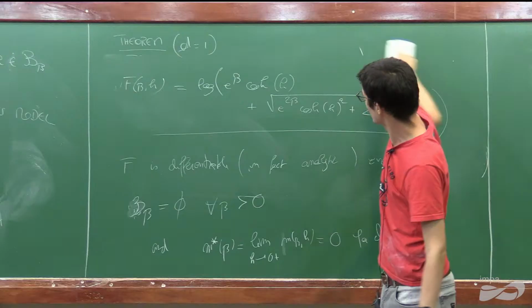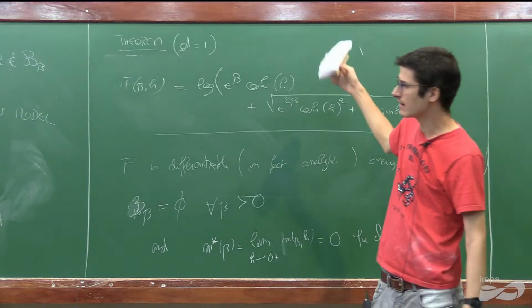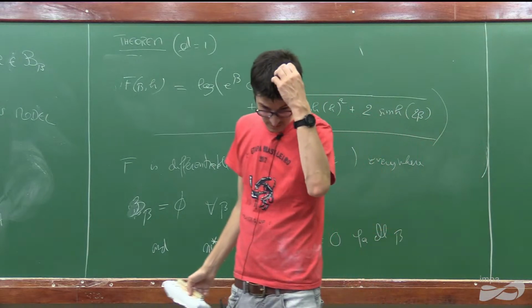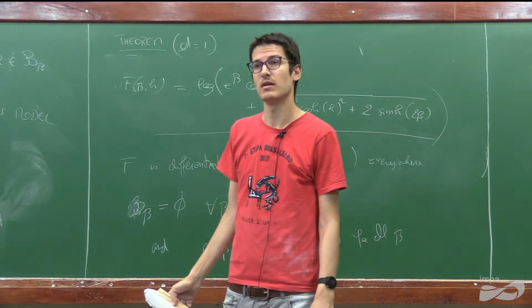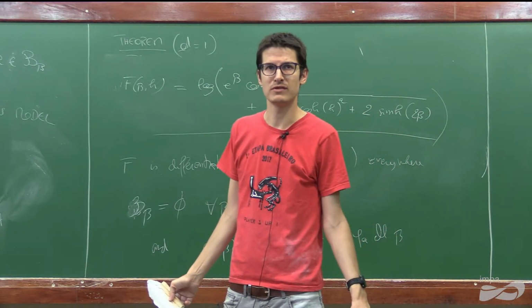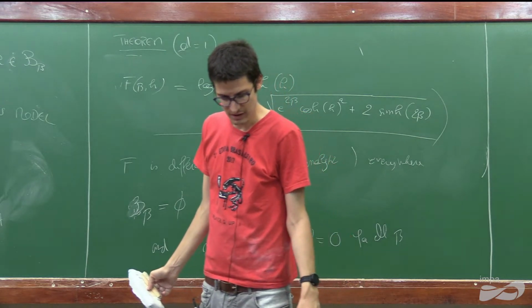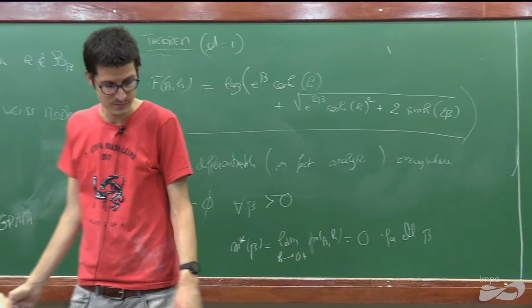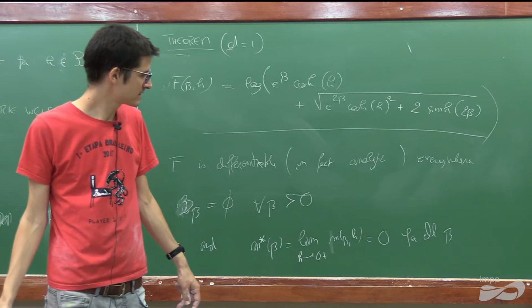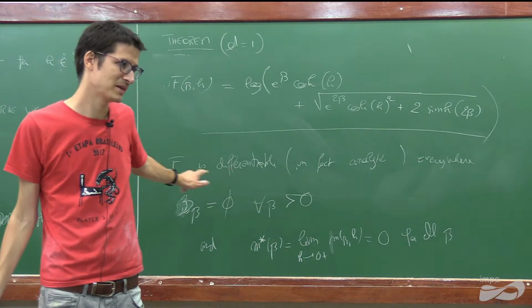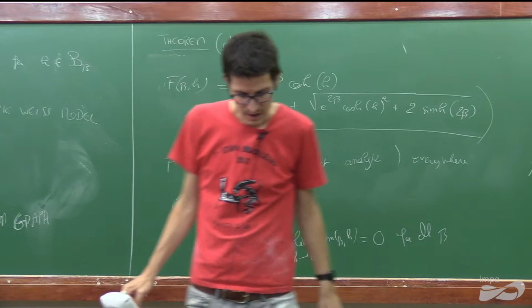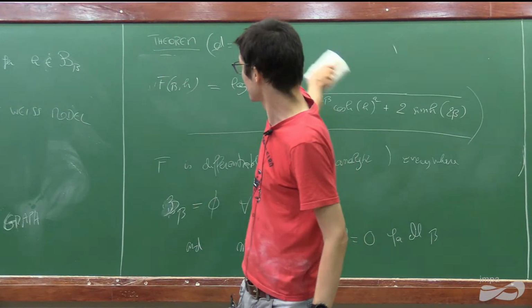So what is this expression here? It's just the largest eigenvalue of some 2x2 matrix. So let's try to see how this matrix appears into the game and how we get this value out of it.